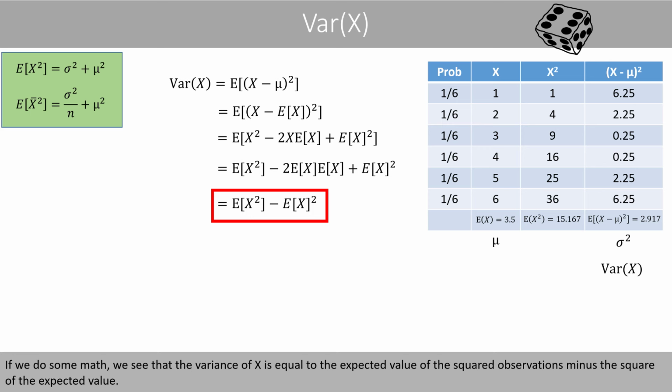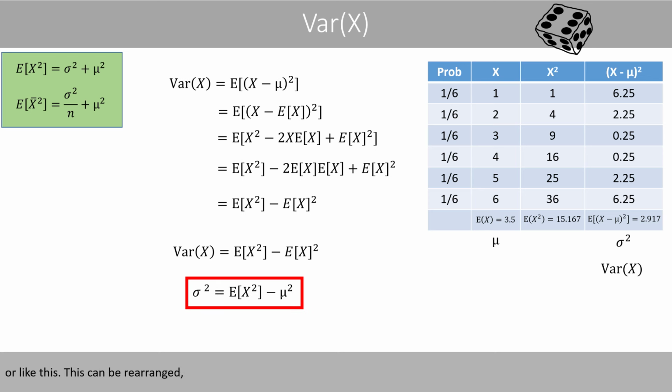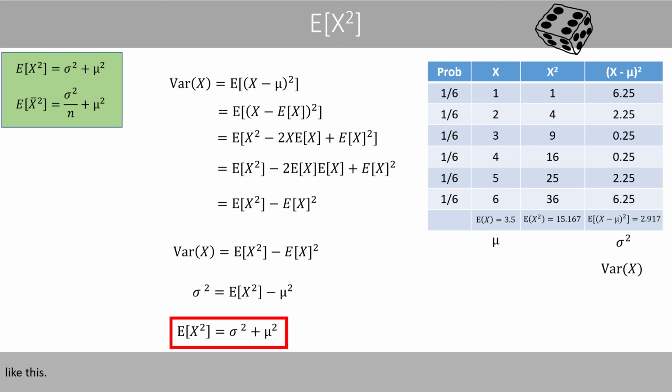If we do some math, we see that the variance of x is equal to the expected value of the squared observations minus the square of the expected value. We can therefore express the variance also like this, or like this. This can be rearranged like this.